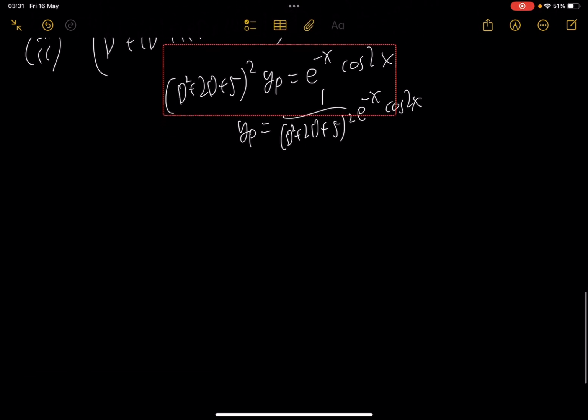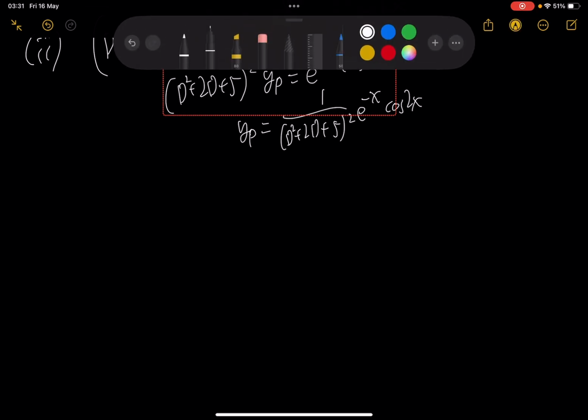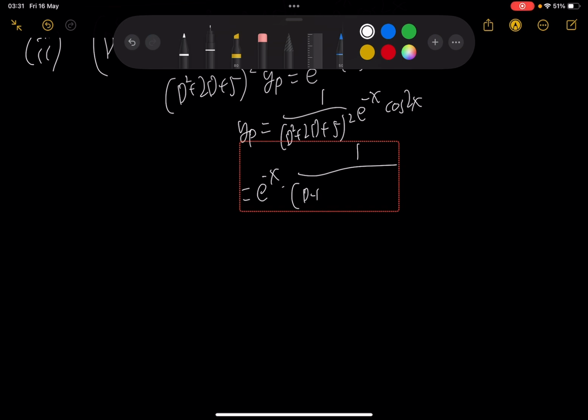And then we are going to use our exponential shift theorem. First, we put down e power of negative x in front, and then look at the coefficient of x in the exponent, which is negative 1. Therefore, replace D with D minus 1: D minus 1 squared plus 2 times D minus 1 plus 5, squared, times cosine 2x.